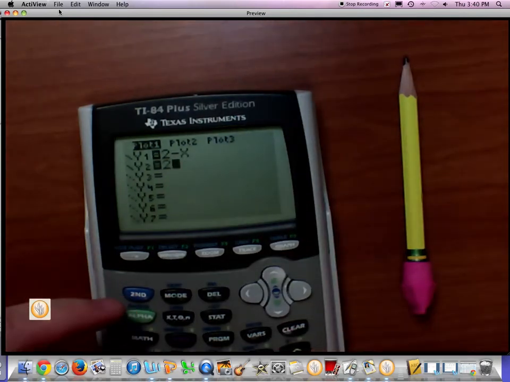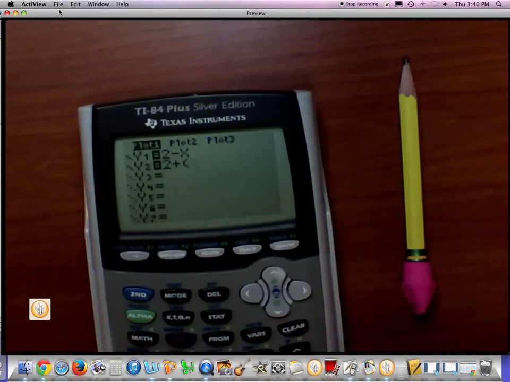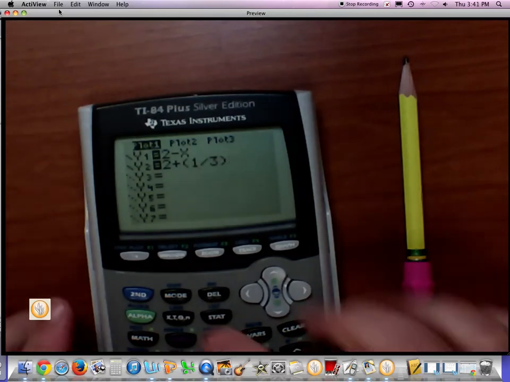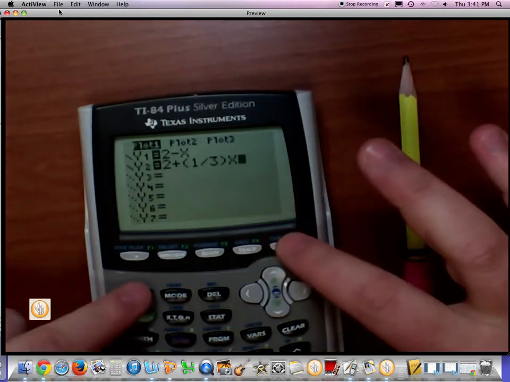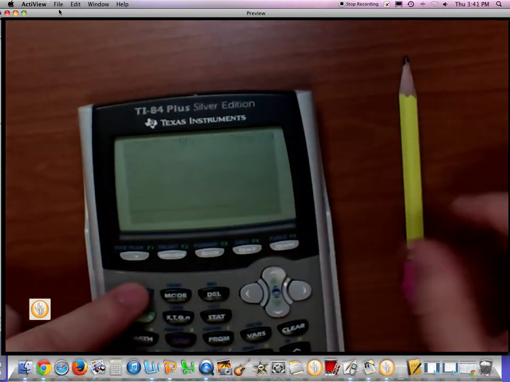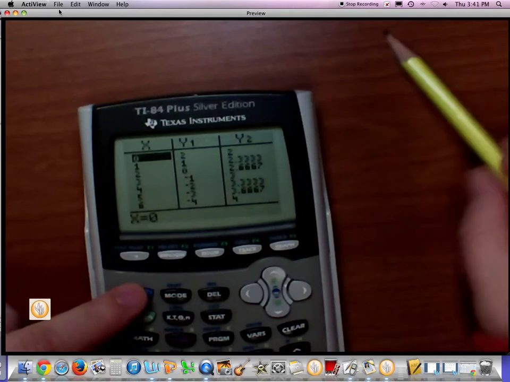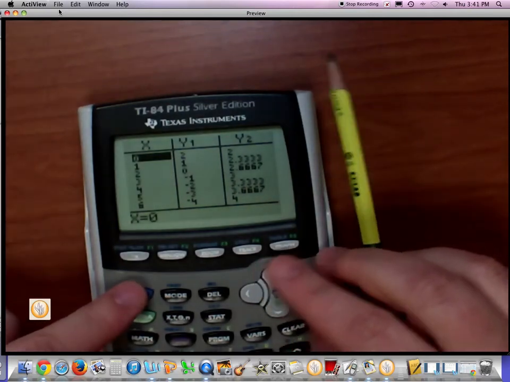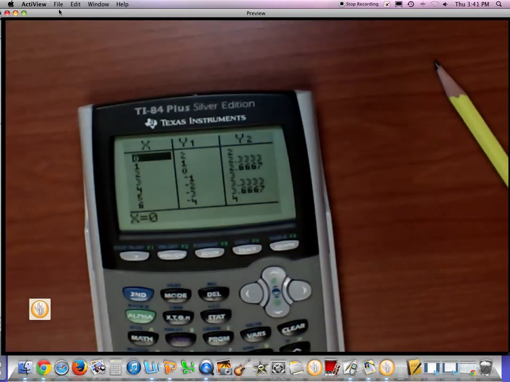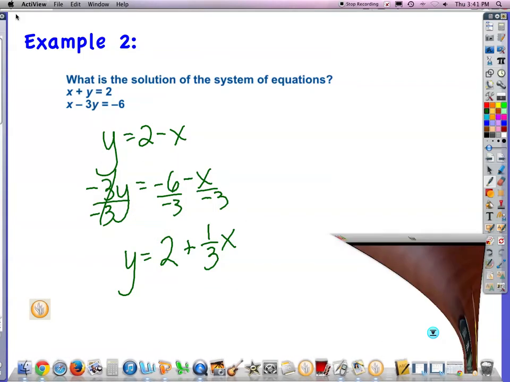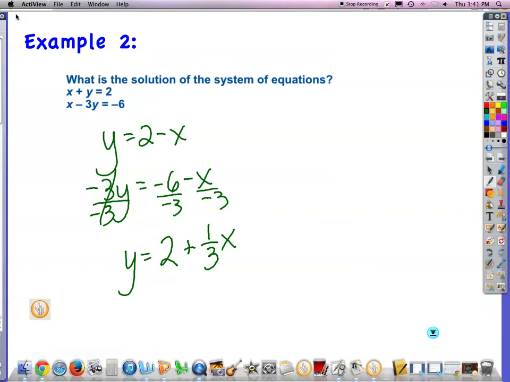So 2 plus 1/3, taking 1 divided by 3. I'm putting parentheses just to be safe. All right, and then I go to look at my table. Second graph. All right, oh my gosh, how lucky am I? Right away, bing, 0 matches with 2 and 2. Okay, so my solution to this system is 0, 2.